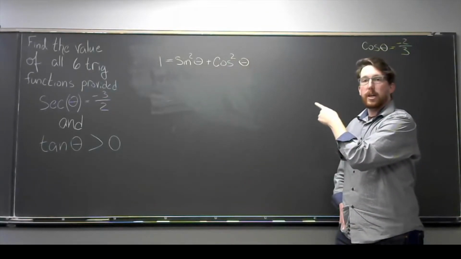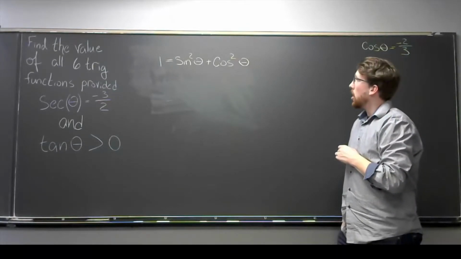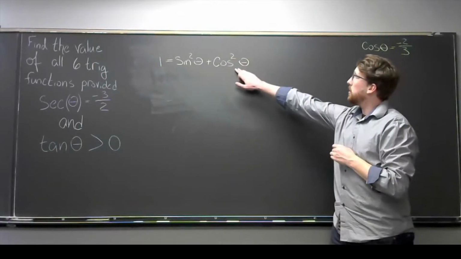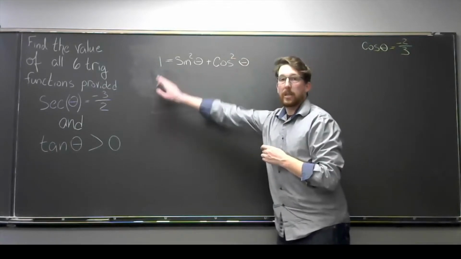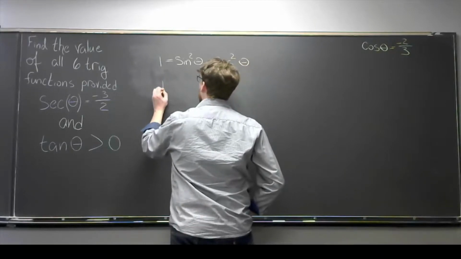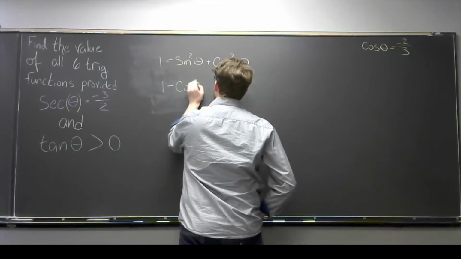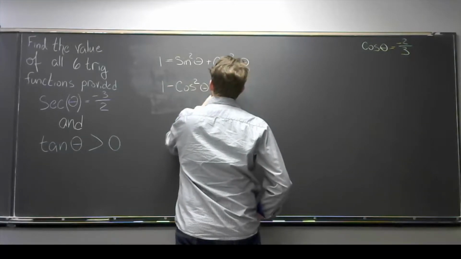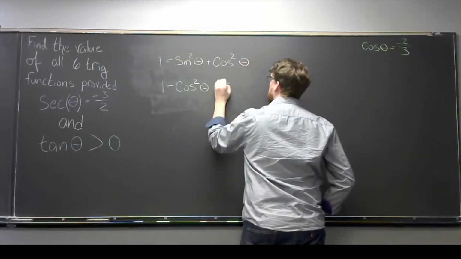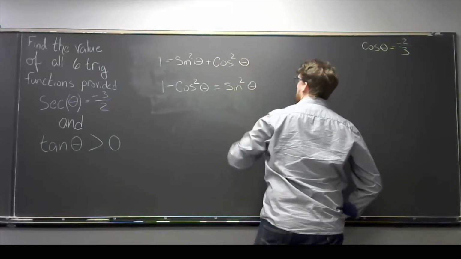Well, we know cosine squared, and we're trying to solve for sine. So, if we subtract cosine squared from both sides, we can solve for sine squared. 1 minus cosine squared of theta is equal to sine squared of theta.